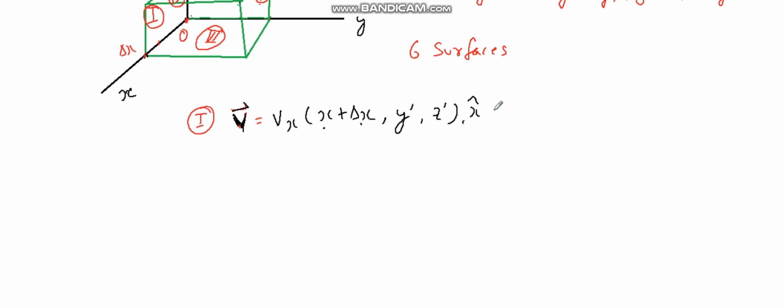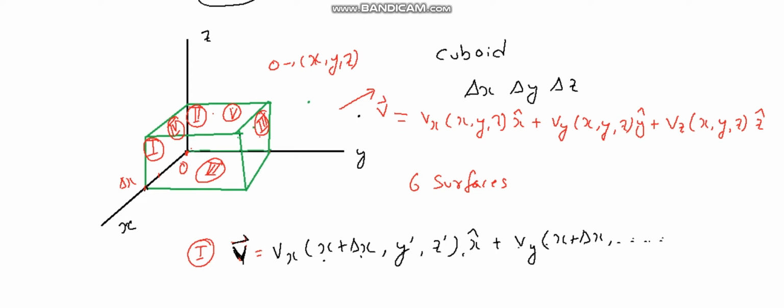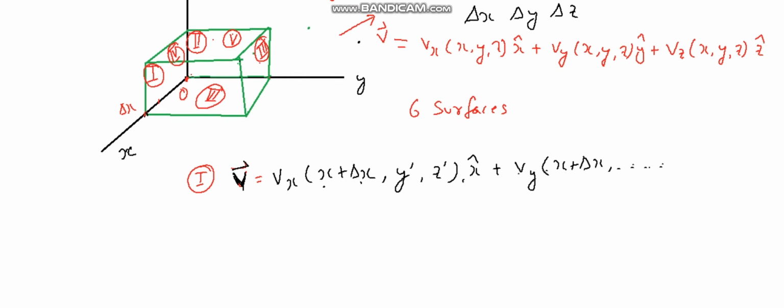And we have x cap. Similarly, we're going to have this vy, x plus delta x, and the other term. We are not interested in the other term. Why? You will see very soon.